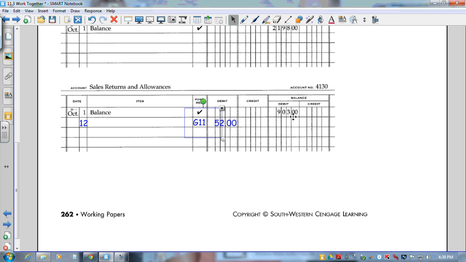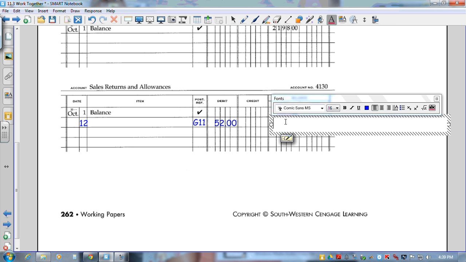I had a debit of $903. I have a new debit of $52. What will I do? Right, I'm going to add those two together to get a new debit. So if you add 903 and $52, you should get $955.